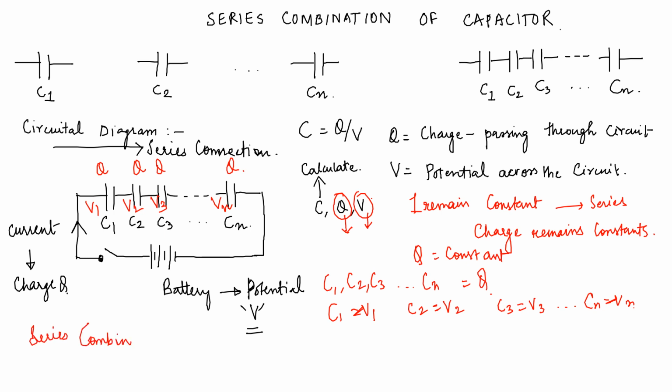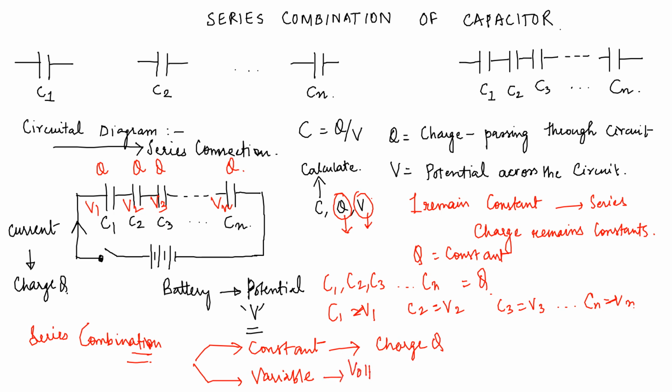as per the upcoming notes. What is important here is to know the constant and the variable value. For that I have taken these introductory additional pages. There are two values: one is constant, the other is variable. The constant value is charge Q, and the variable is the voltage V. We are going to use this concept of constant and variable values.